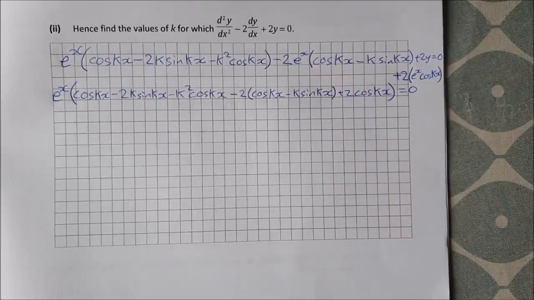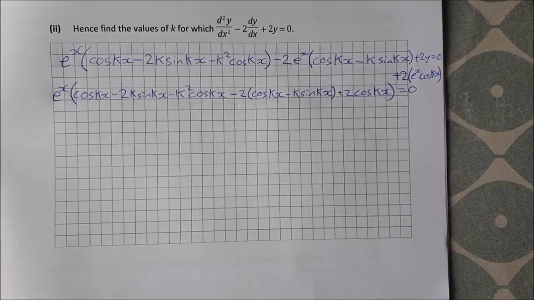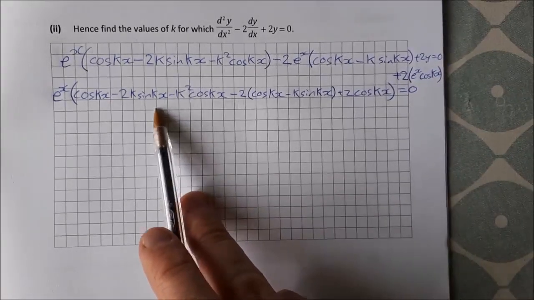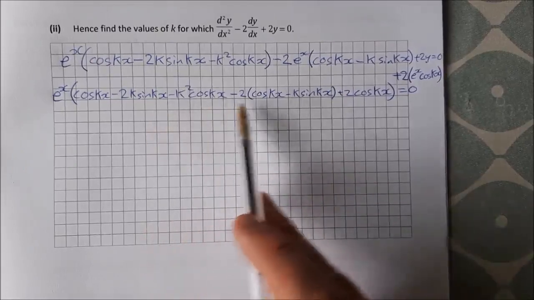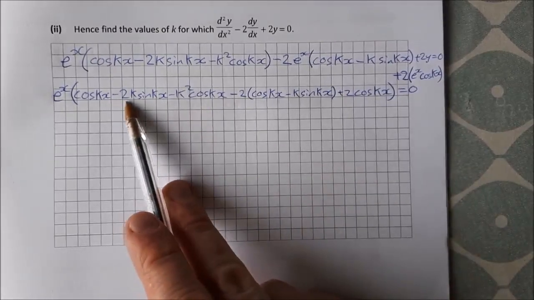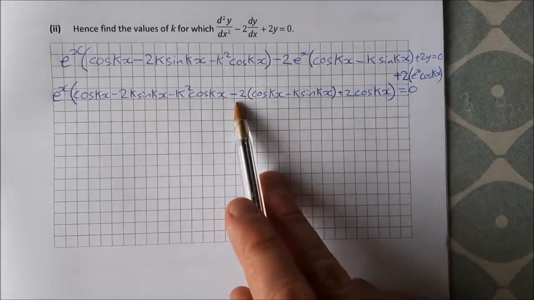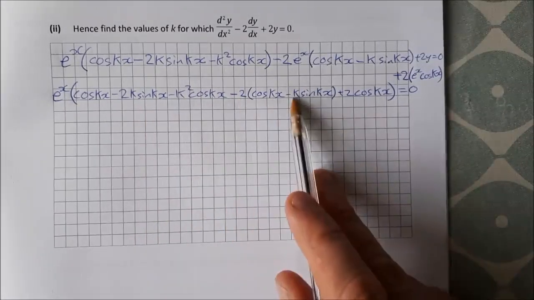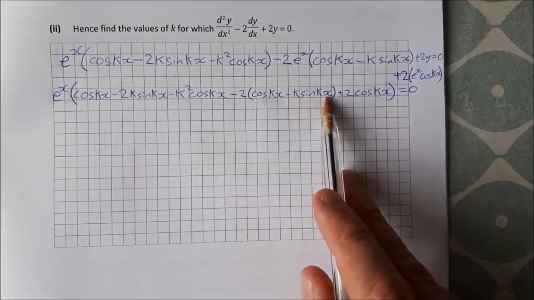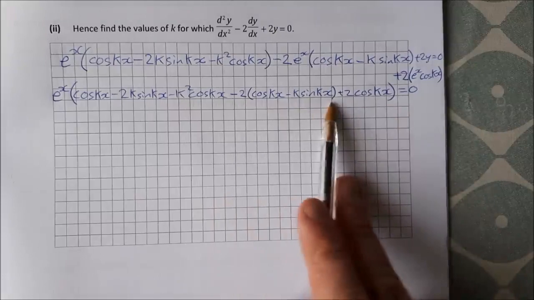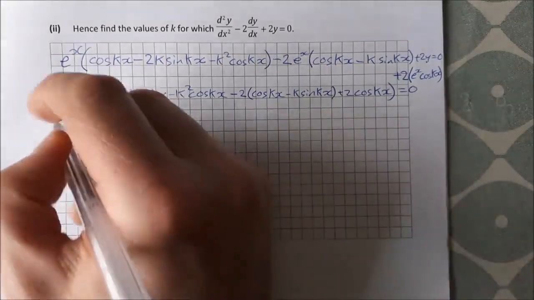So we've made it a little bit simpler so far by factoring out the e to the power of x. Now if we have a look at what we have in here, we might have things that can cancel out. We have minus 2k sine kx, and over here we're going to have minus 2 times minus k sine kx. So I might just multiply out this bracket first, and then it might be easier to see.